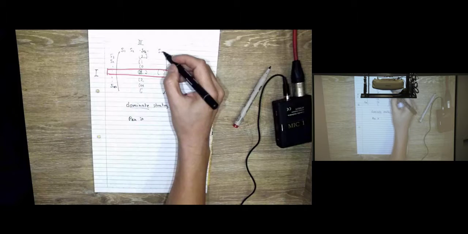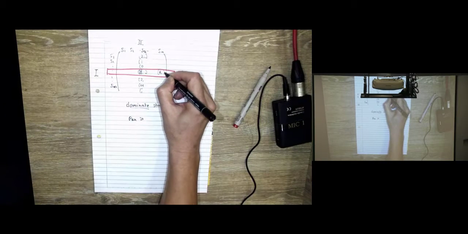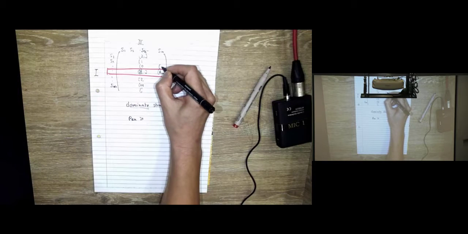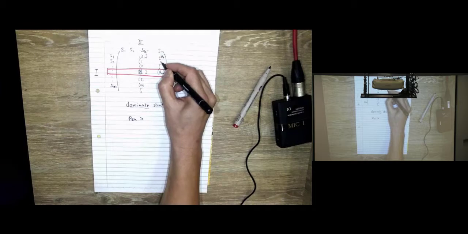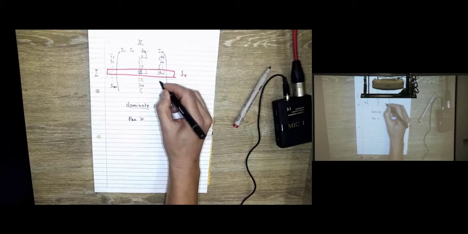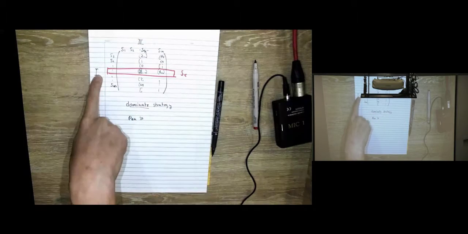For example, against player 2's last move, suppose the payoff here is 4, and all the other entries are less than or equal to 4. This is less than or equal to 4, this is less than or equal to 4, and this happens everywhere. Then this S5 is dominant, because no matter what player 2 does, as far as player 1 is concerned, he is better off.